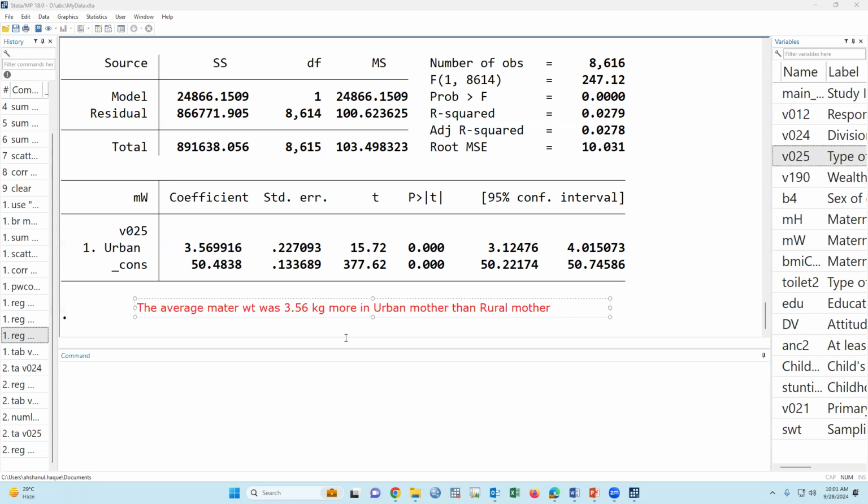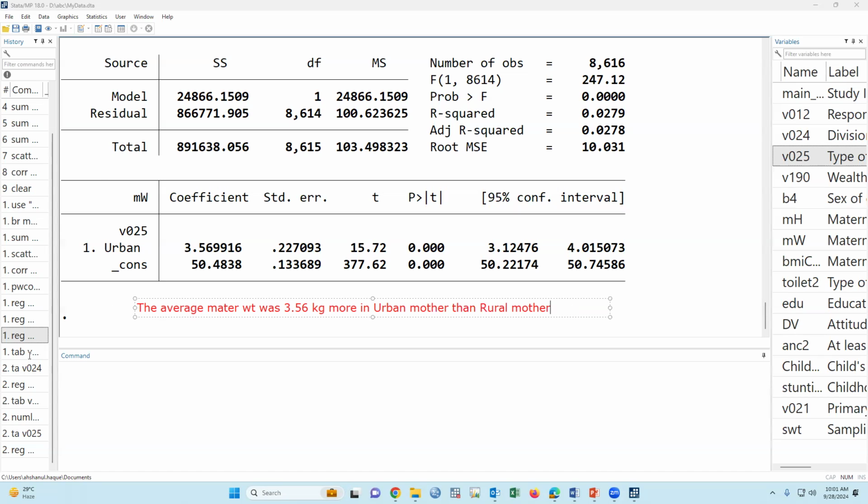Please don't mind my grammatical problems. Sometimes there are some grammatical problems, but there is another issue. So this is the interpretation when the independent variable is a category.